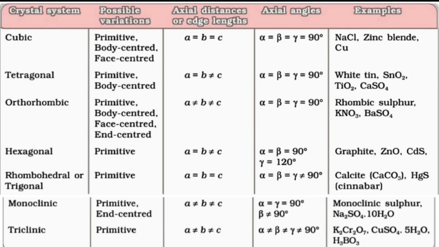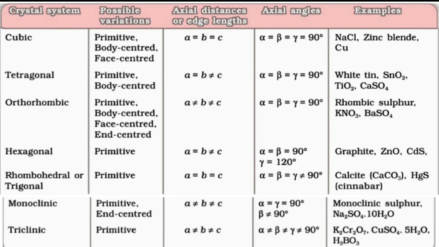Its possible variations are given, and axial distance, that is edge length, axial angles, then examples. You have to mainly focus on these crystal systems, their edge lengths, axial angles, and at least one or two examples. So this is all about crystal systems.